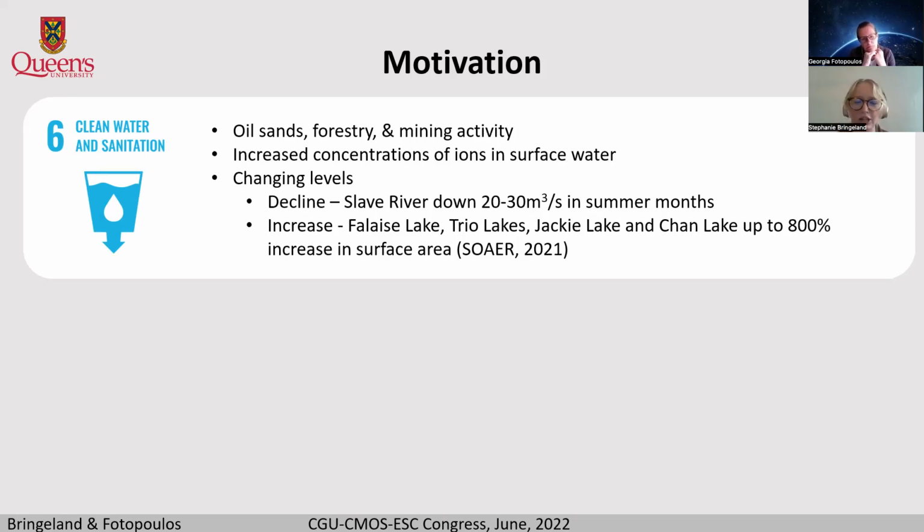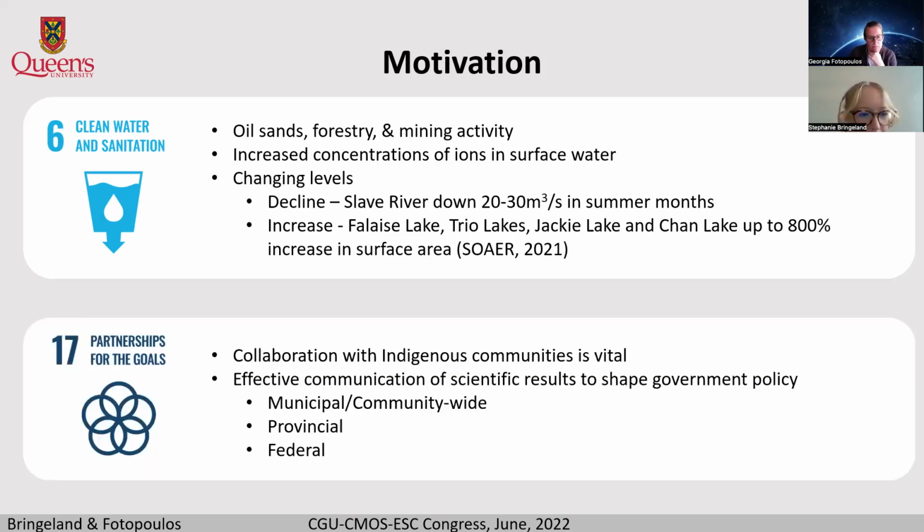There's also been changing surface water levels, and this is quite variable depending on the region. Some areas are experiencing large declines where others are increasing. And so it's difficult to pinpoint a long-term trend for all of it, but looking locally, we can see levels changing quite rapidly.